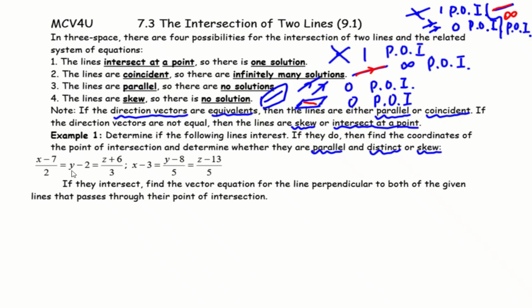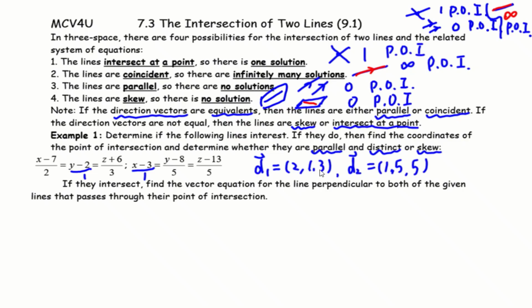So first thing, this is what we call the symmetric equation. The direction vector for the first line is 2, 1, 3, and for the second line is 1, 5, 5. The reason why we want to write these direction vectors out is to see if they are parallel.